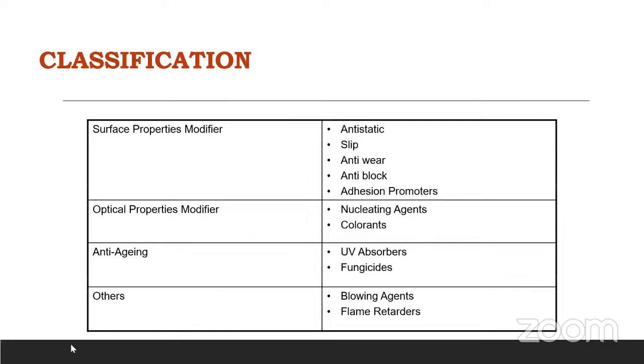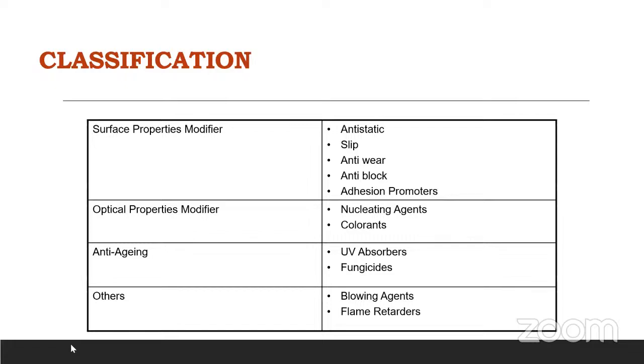These polymers generally age over a period of time. To increase their lifespan, anti-aging properties are generally targeted. For that purpose, mainly UV absorbers and fungicides are used as additives.